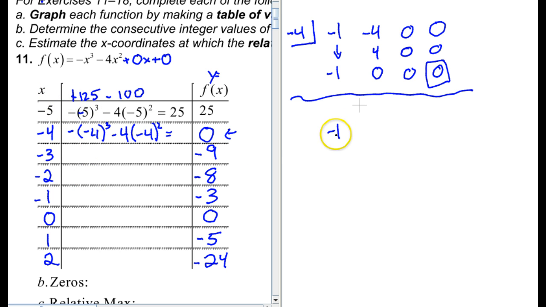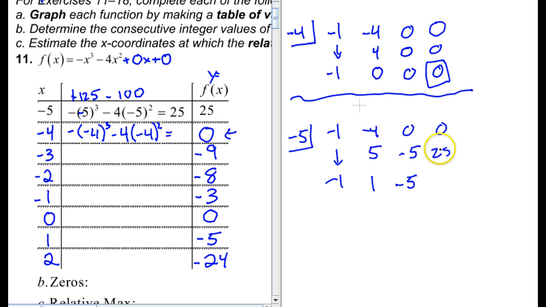What happens when I plug in negative 5 into all this? So we have negative 1, negative 4, 0, and 0. Bring that down. We'll have 5, 1, negative 5, negative 5, and 25. Yeah, just as we suspect.